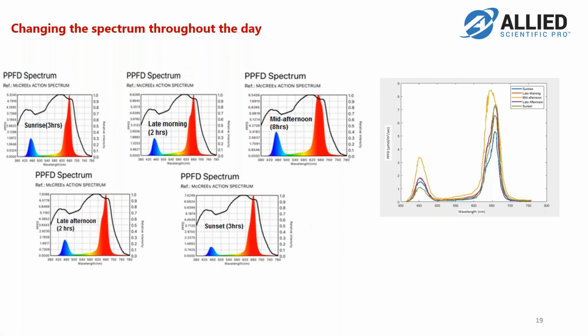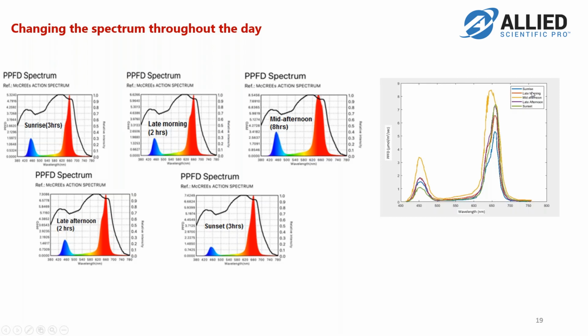This was programmed in the LED units. So we had 3 hours sunrise, 2 hours late morning, then 8 hours mid-afternoon, 2 hours late afternoon, and 3 hours sunset. So the intensity is changing, which is not apparent unless you look at the y-axis numbers.